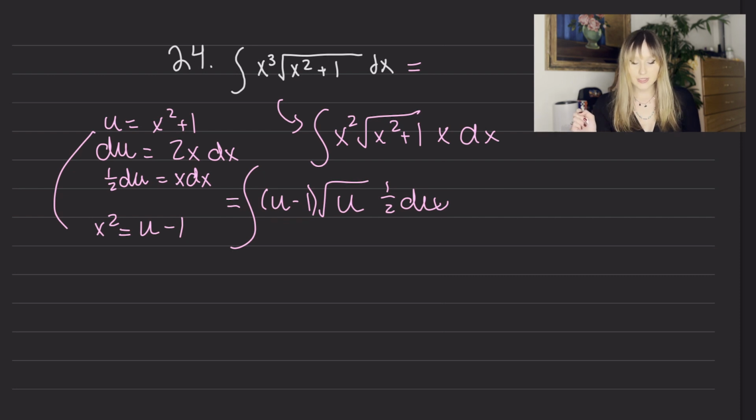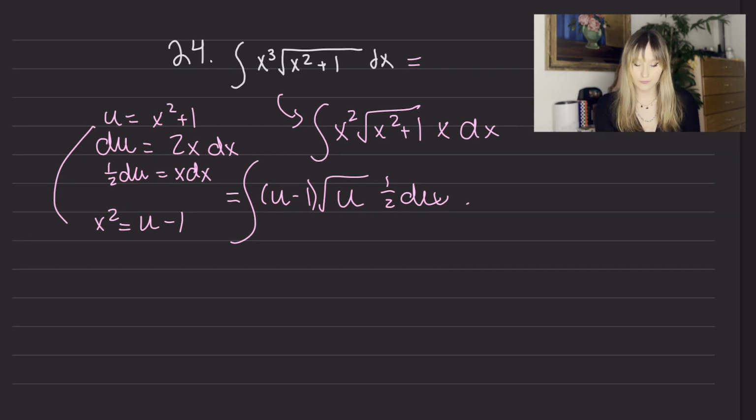Great. So this one is something I think we did in our part 1 video. So I'm going to separate this into two integrals. First of all, we have that 1/2 out front, and I'm just going to forget about it until later.